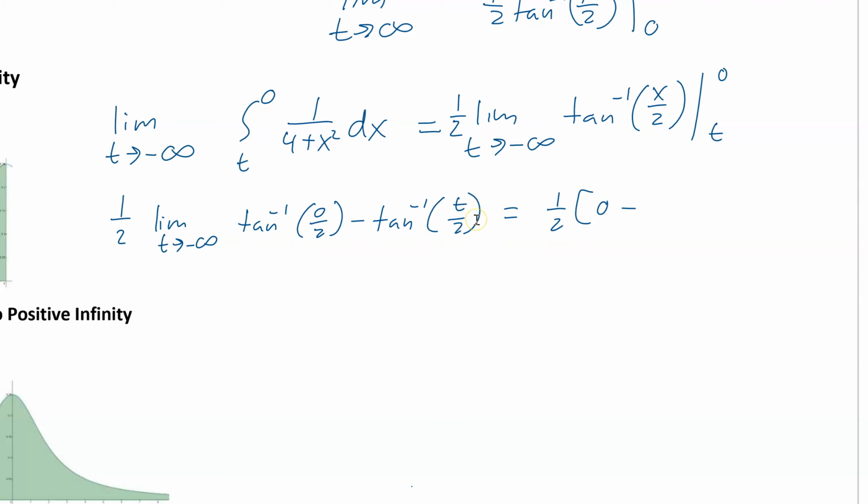So if you remember with our tangent, I'm going to draw a picture this time so you can see it. We have our vertical asymptotes at negative pi over 2 and pi over 2, and that's our tangent. You can graph this as well just to see what's going on. Our tangent here is approaching infinity when x is approaching pi over 2.